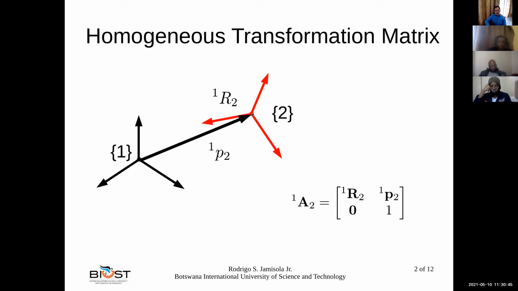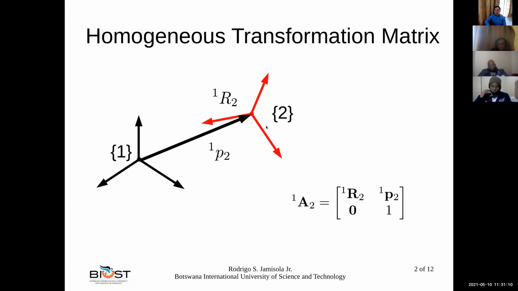The origin is a point. Where is the origin of frame 2 located with respect to frame 1? We connect those two points, the origin of frame 2 and the origin of frame 1, with a position vector, 1P2. That's a vector.